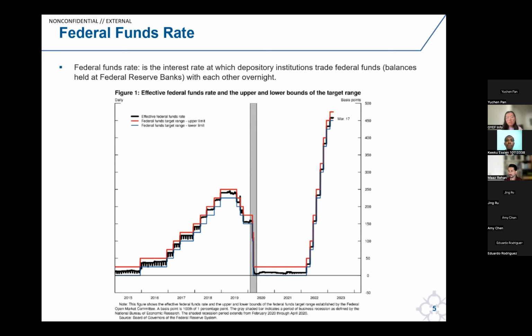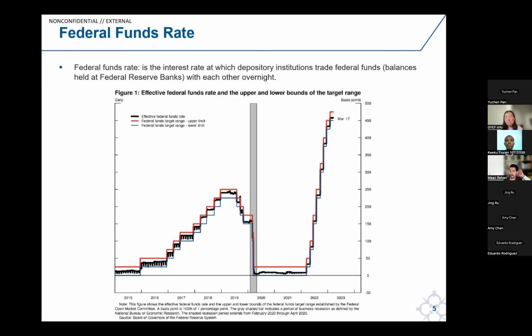From my understanding, a basis point measures, for instance, if you see 500 basis points, it translates to basically 5% in terms of rate. So 1 basis point will translate to 0.01%. So definitionally, a basis point is 1/100th of 1%, right? This is commonly used to express the difference in interest rates.